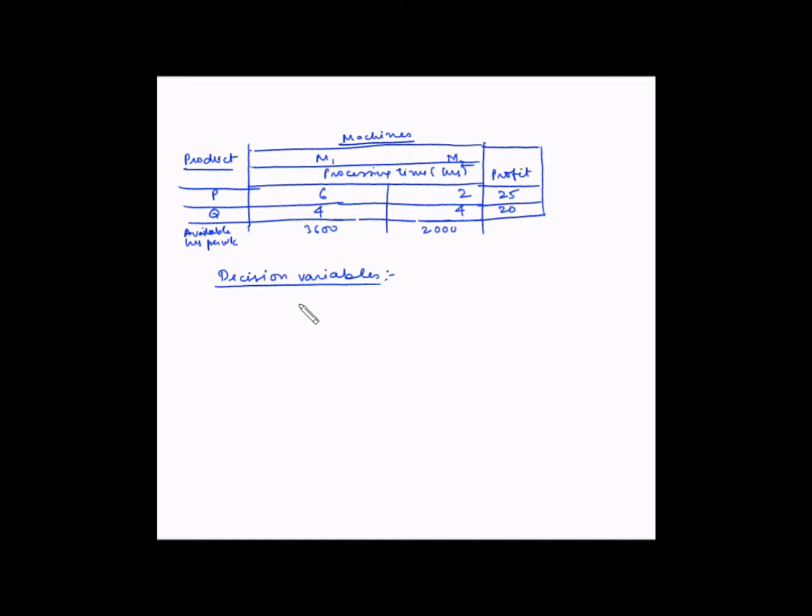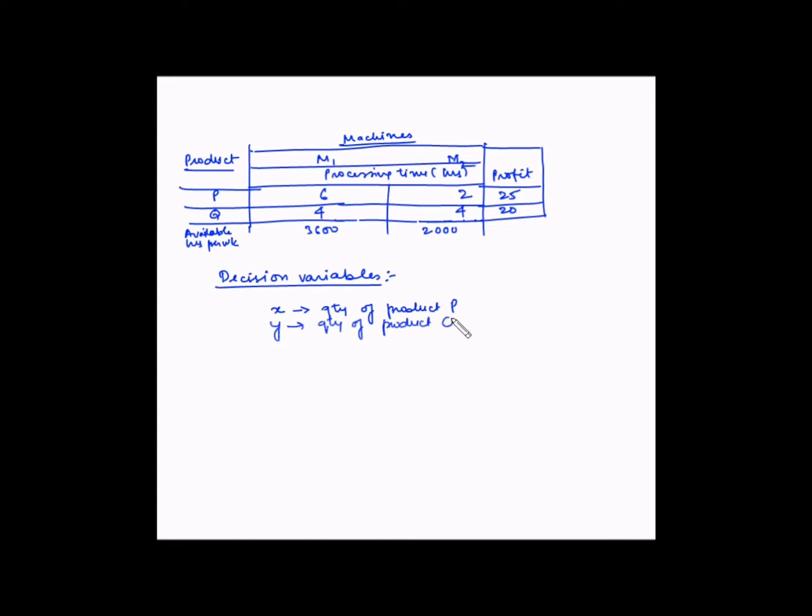So let us assume X as the units of product P to be manufactured, and let us assume Y is the quantity of product Q to be manufactured. So X and Y are the decision variables.